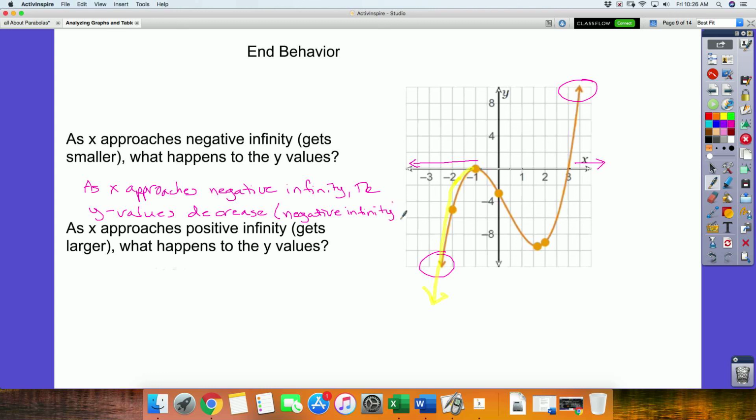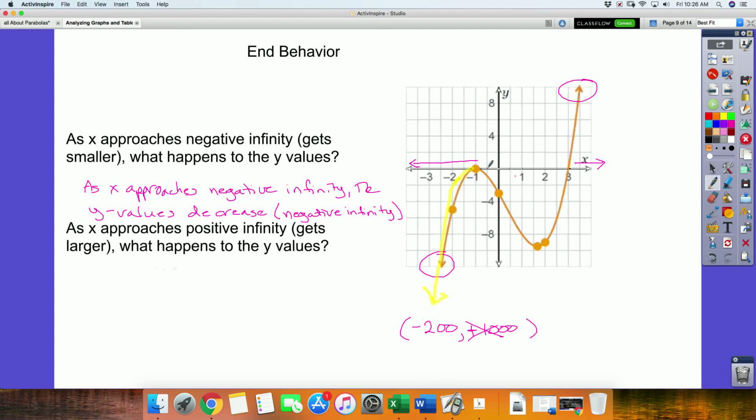So I know infinity means they go on forever. The negative is what's just telling us that it's getting smaller and smaller and smaller. So I know that if I have a point over here, if I were to say -200, my y value is also going to be a really big negative number. It's getting smaller. I know that it can't be positive.